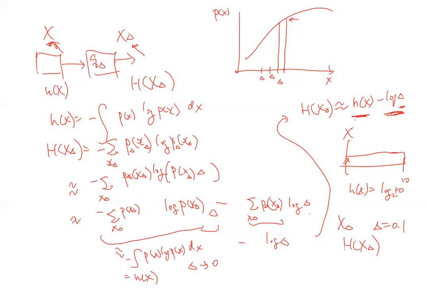The number of bits will be simply log base 2 of 10 minus log base 2 of 0.1. I guess I will repeat an example like this later on.